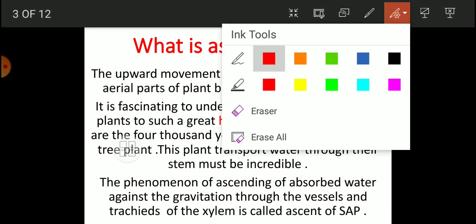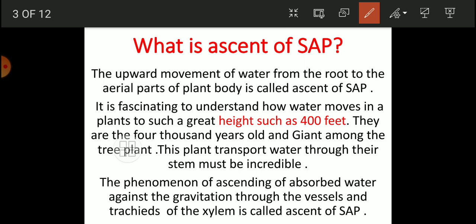Students, you have to understand what is ascent of sap. Ascent of sap is nothing but the upward movement of water from the root to the aerial parts of the plant body.